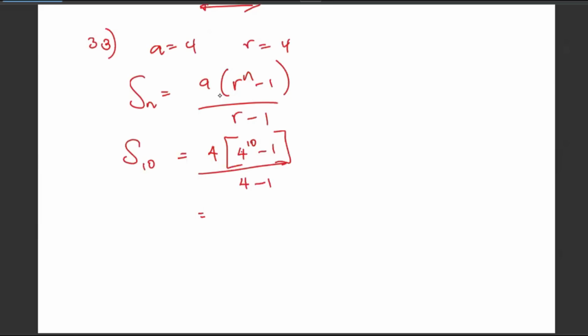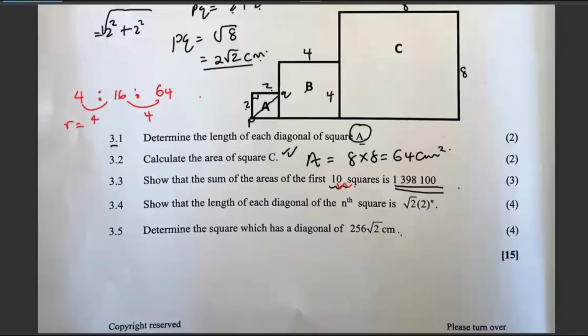Let's punch this into our machine and see. So 4 to the exponent of 10, we are subtracting 1, close the brackets, over 3. I'm getting 1398100. I think this is what the question gave us. So that is how we obtain that.